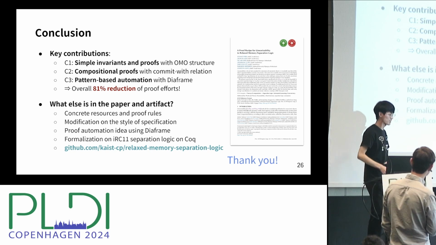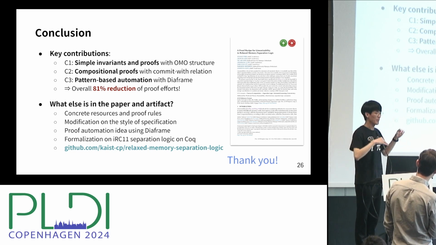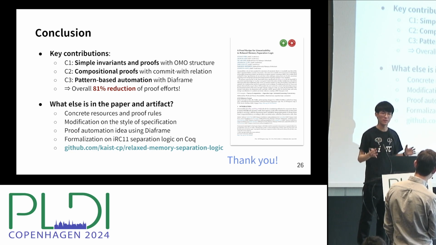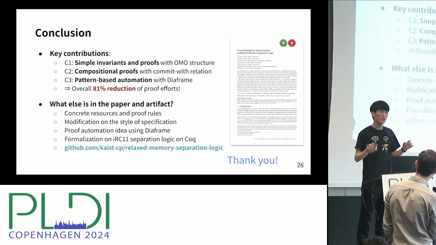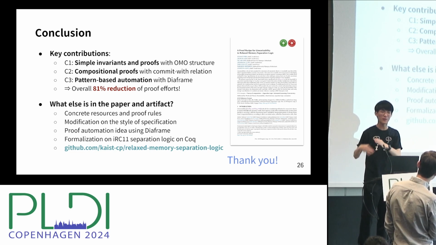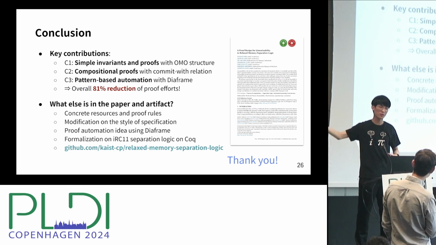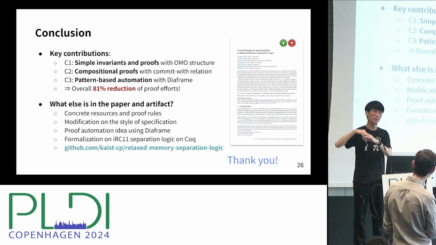Okay, that's a good question. Actually, already in our paper, we tried to verify a very large set of concurrent data structures, and as a follow-up work, we are currently verifying more complex data structures, like very complex hash maps.